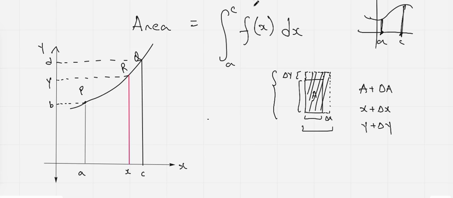This is going to bring a slight change in the del A as well. So if del x is extremely small, then this is going to bring a very small change in del y as well. And as both these changes are extremely small, the area is also going to change to a very small extent. Okay, something like that.